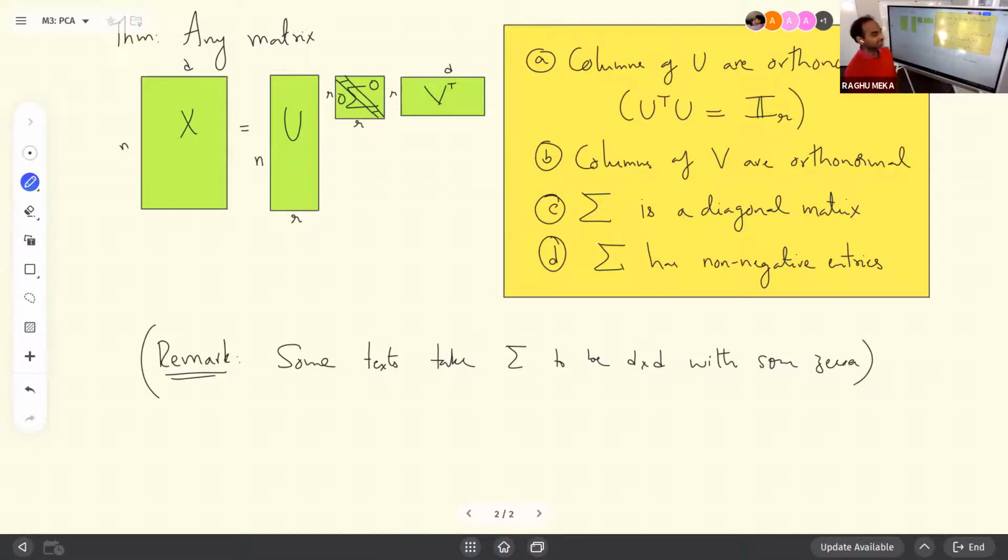So if you've seen singular value decomposition before, in some places it's written as a case where sigma is a bigger matrix, it's a d by d matrix even, which has zeros in some entries. But let's just stick to this R by R formulation where we'll think of R as the rank of the matrix. Okay?